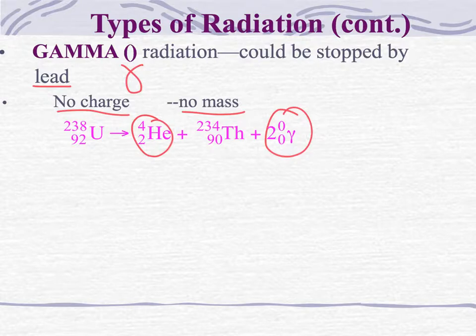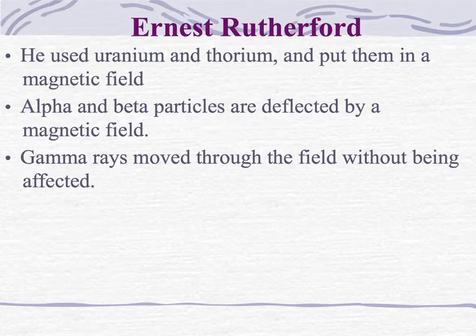The reason why alpha is the weakest type of radiation is because out of all of them, it is the heaviest particle, or it's the biggest particle. So bigger particles travel slower. Therefore, alpha radiation is not as penetrating as gamma radiation that doesn't have any mass at all. So make sure you understand that concept also.